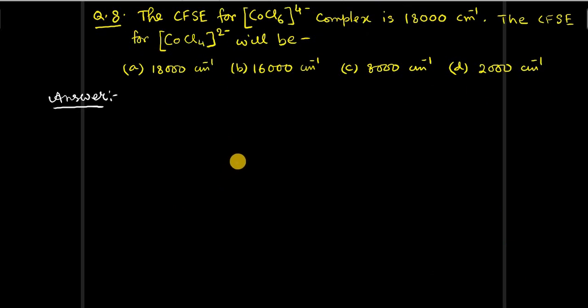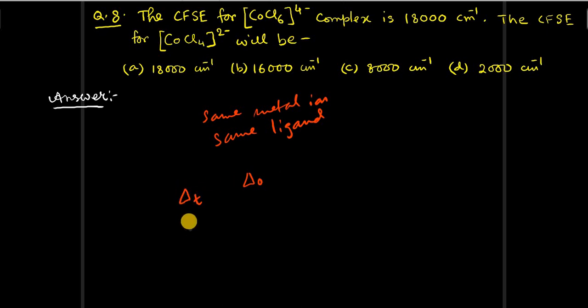The CFSE for this complex is 18,000 centimeter inverse. Now you remember, the theory is for same metal ion, same ligand: delta O, that is CFSE of octahedral complex, and delta T, that is CFSE of tetrahedral complex.